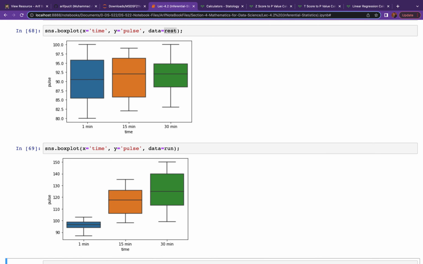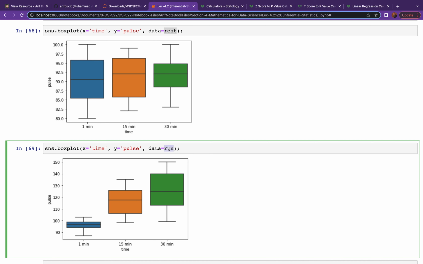And this graph shows us the pulse rate after 1 minute, 15 minute and 30 minutes of running. You can note the difference between the min, max and the three quartiles of the two data sets.